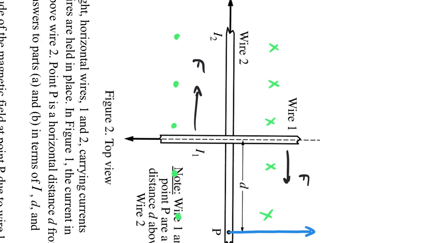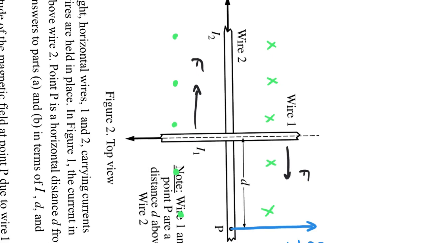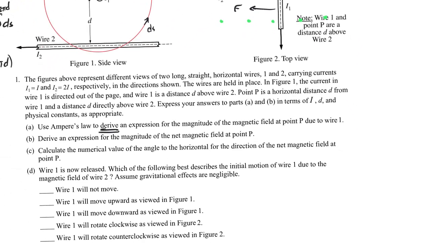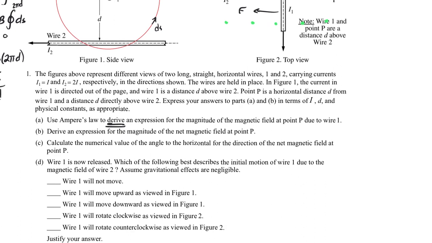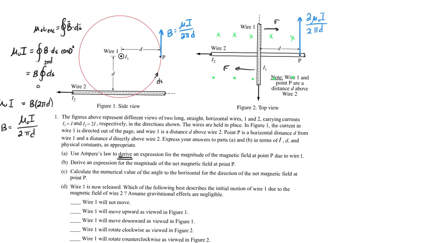This way on this side. Wire 1. All right. This way on this side of the wire, and this way on this side of the wire. Either way, that suggests the wire is going to twist as it falls. So let's see. Wire 1 will not move. I don't think that's true. Wire 1 will move upward as viewed in figure 1.